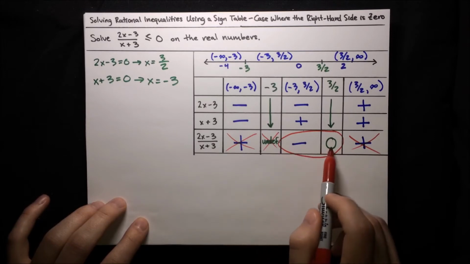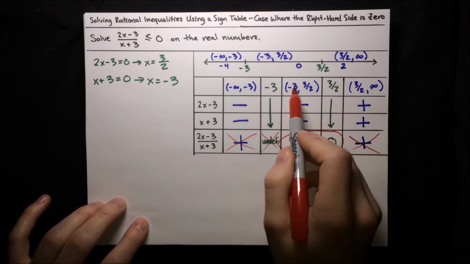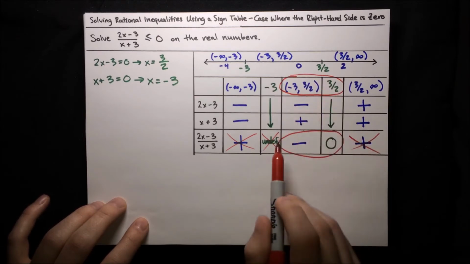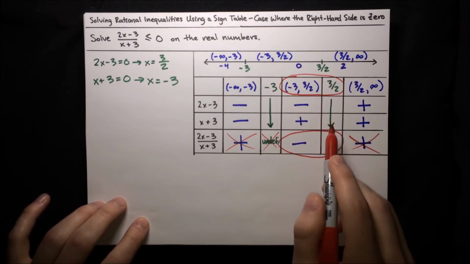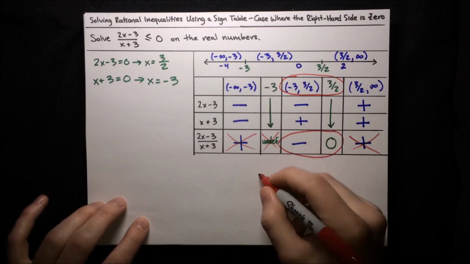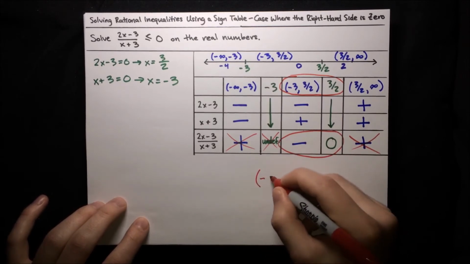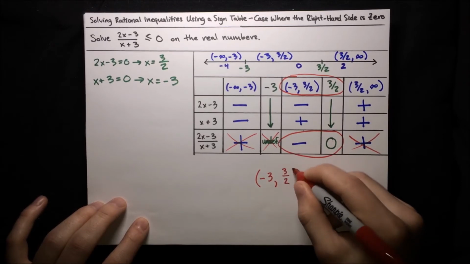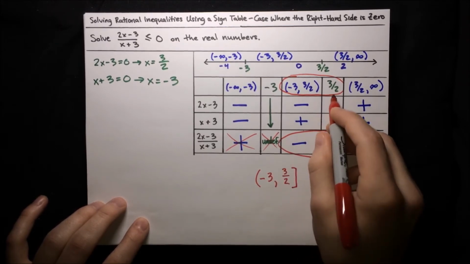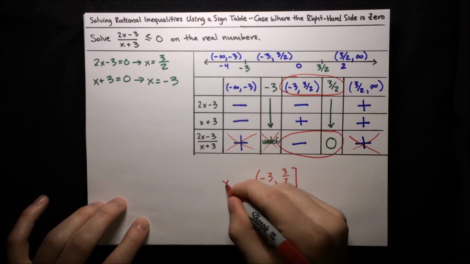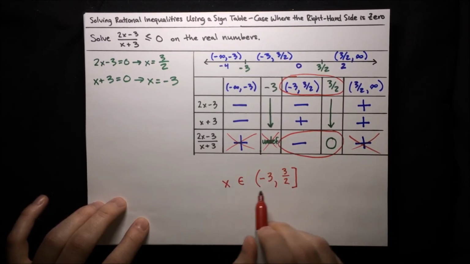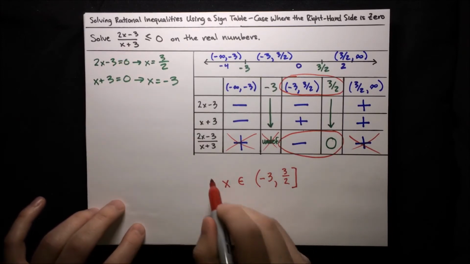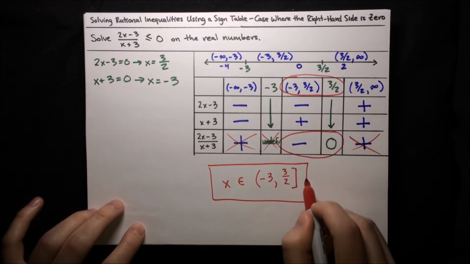These negative and 0 parts correspond to the interval -3 to 3/2 and the endpoint 3/2. So putting all that together, that's just going to be the interval (-3, 3/2], because we're including that 3/2. So x has to be an element of that interval in order to satisfy this rational inequality. And there we have it. We're done.